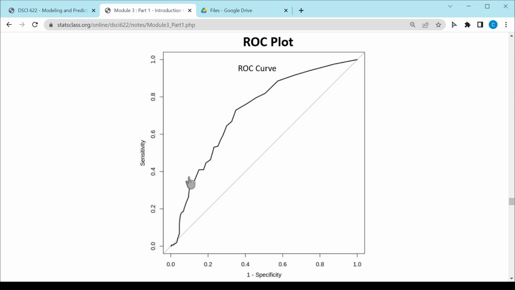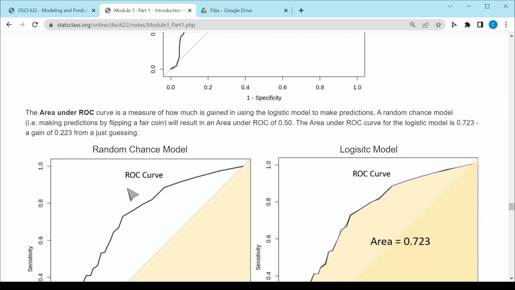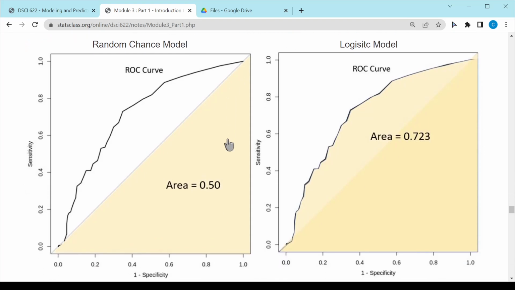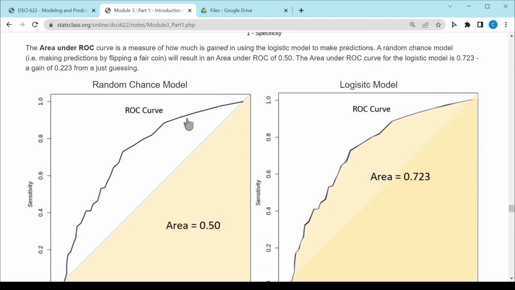So what is the ROC curve actually doing here? The ROC curve provides a measure, which is the area under the curve. That's the measure here. And what that measure is actually doing is looking at the gain in using a logistic model compared to just a flipping of the coin.